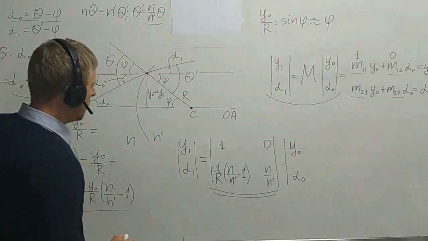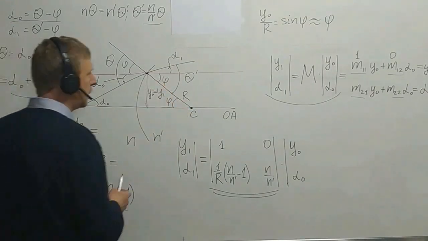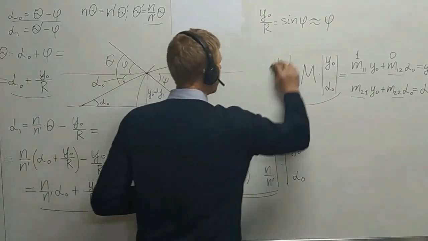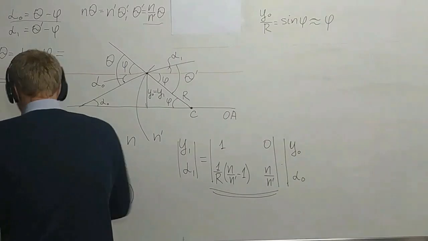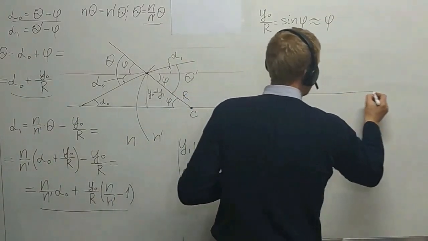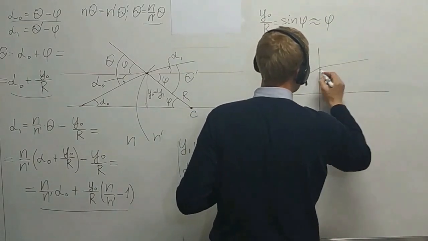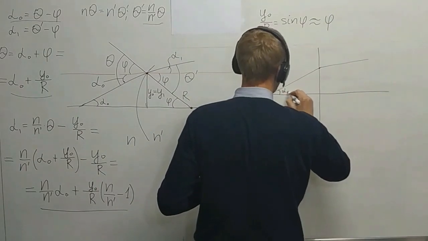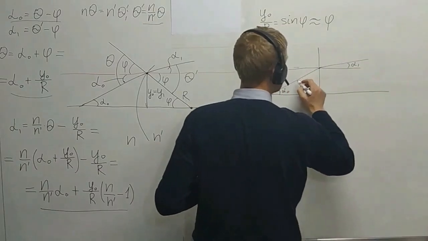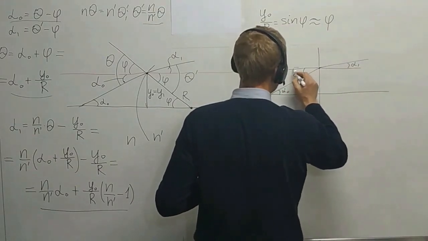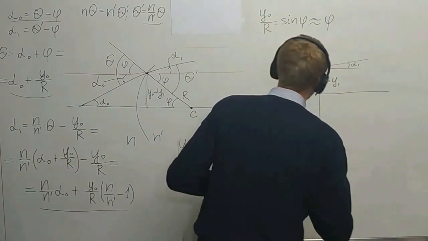It is easy to show that if the radius becomes infinity, what does it mean? It would correspond to the refraction on a planar surface. So if I have a planar surface, with alpha 0 and alpha 1, again y0 is equal to y1.